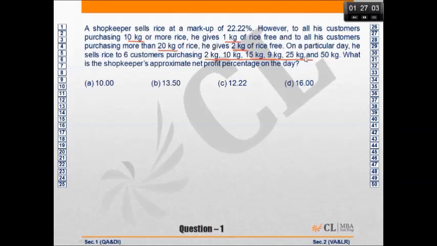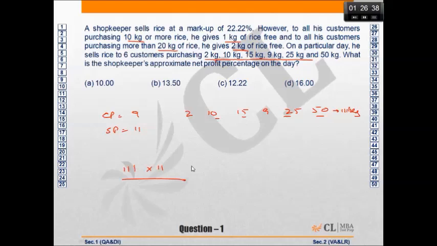So let me assume that the CP is equal to 9 and SP is equal to 11. So he's given 2, 10, 15, 25 and 50. 50, 75, 85, 90, 100, 111. So this is 111 kg. It is what he'll get paid for, his 111 kg into 11.